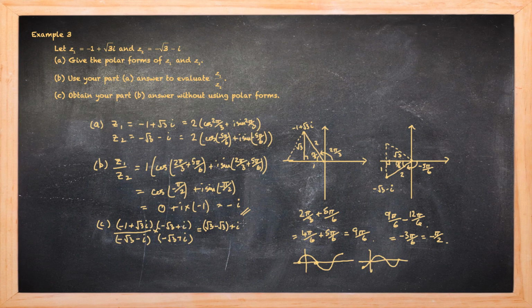So that's negative 3, and that's minus 1. And the real part comes from negative root 3 times negative root 3, which is positive 3, and also negative i times i, which is negative i squared, which is plus 1.